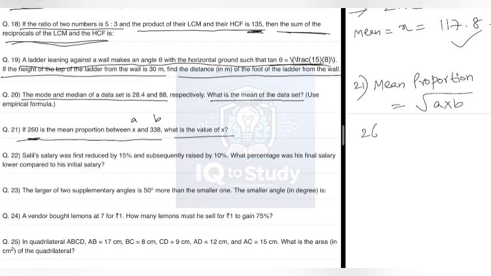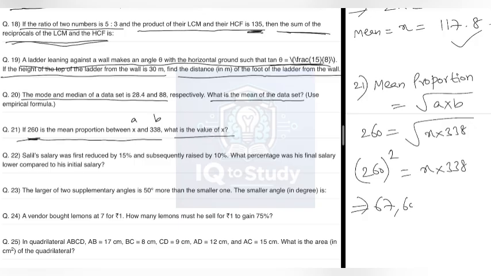It means 260 is equal to square root of x into 338, which becomes 260 whole square is equal to x into 338. That implies 67,600 is x into 338, which becomes 67,600 divided by 338. So the final value of x is 200.